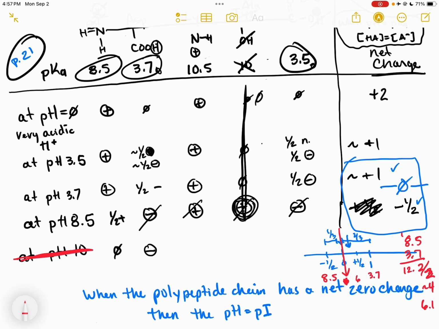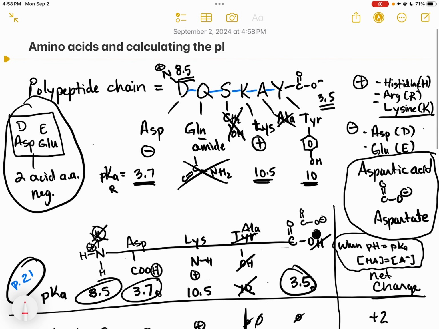So 6 is about halfway. Yeah, 6.1 is halfway in between. We need to be a little bit more than that. How about 7? Should we guess that the PI is about equal to pH 7? I think so, because somewhere in between here is, and it's kind of closer to this pH. So I'm going to go with the PI equals about 7. That's how we figure it out.